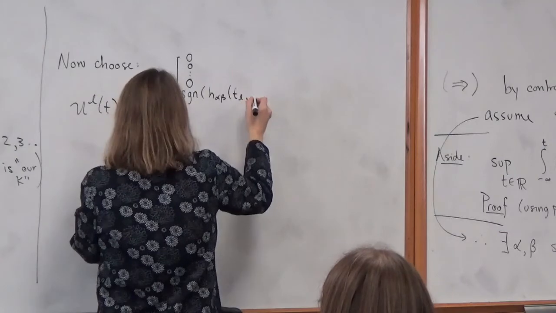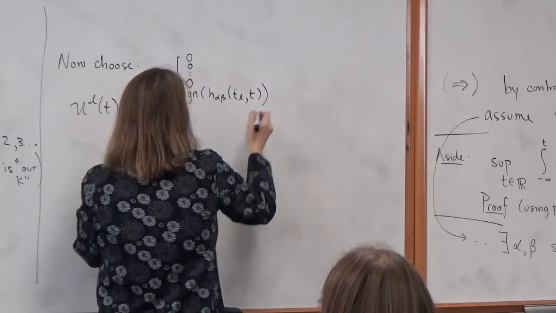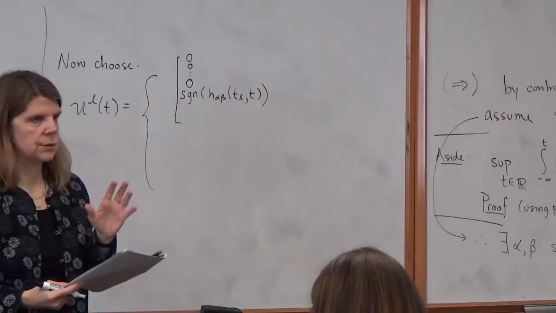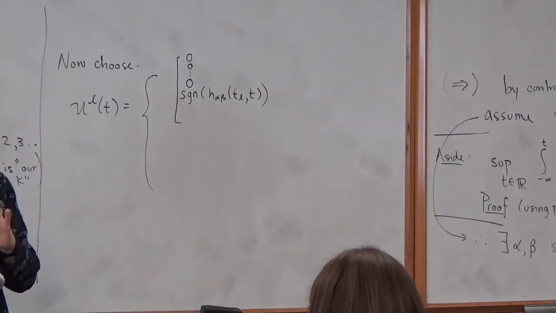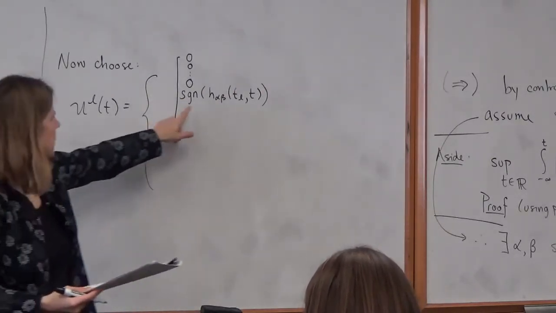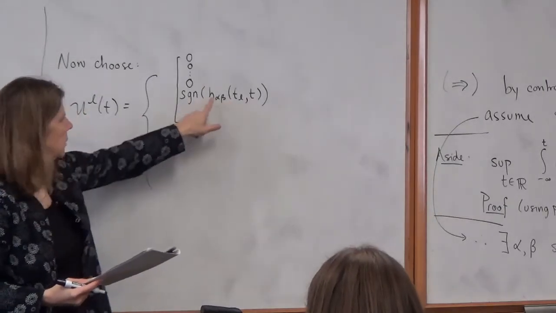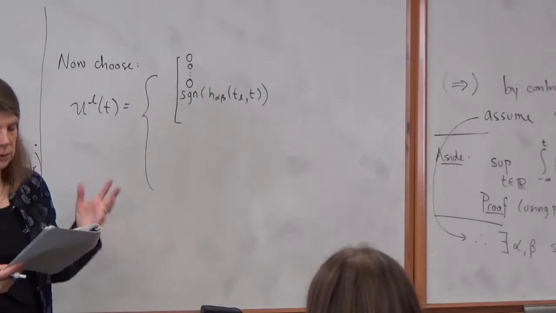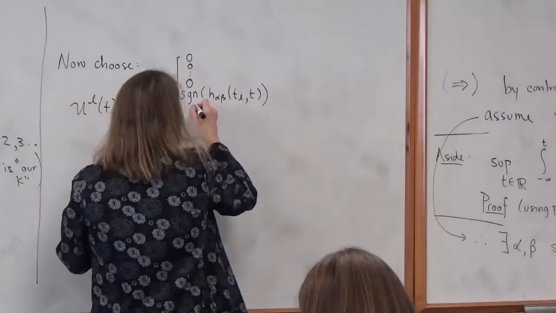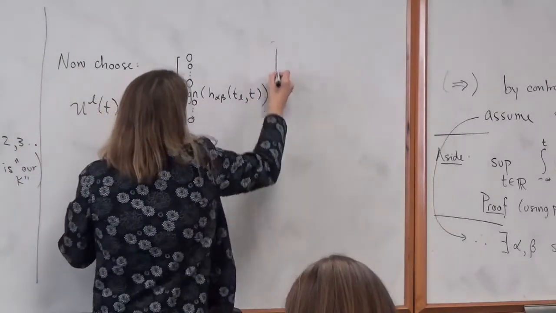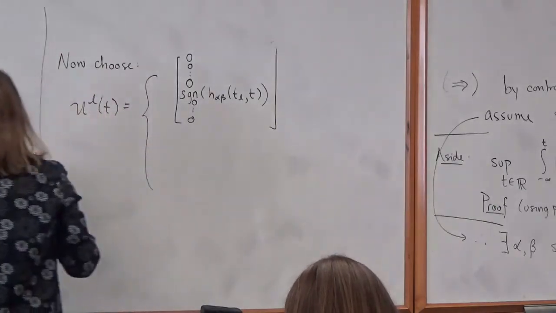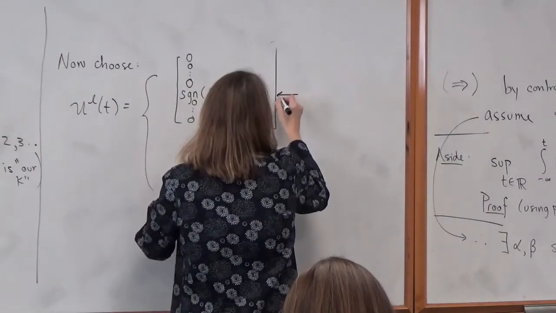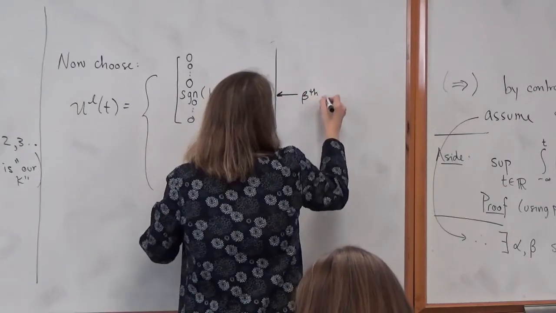comma t_L minus t. The sign is something that's 1 or -1: if this is positive, the signum gives you 1, and if it's negative, the signum gives you -1. So it has norm 1, and the rest are zeros. I did that so I can satisfy this norm being 1. That's the beta'th entry.